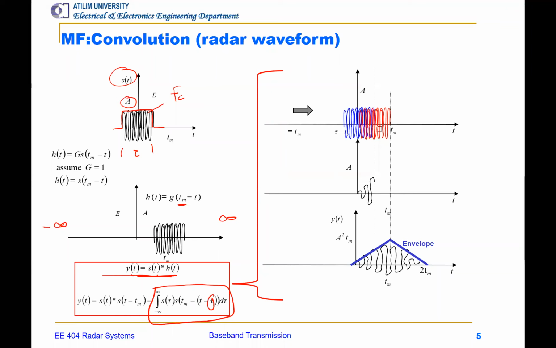And if we got a radar pulse like this, this sweeping will give us a sinusoid whose envelope follows a triangular waveform. Okay, but note that the duration here was Tm.